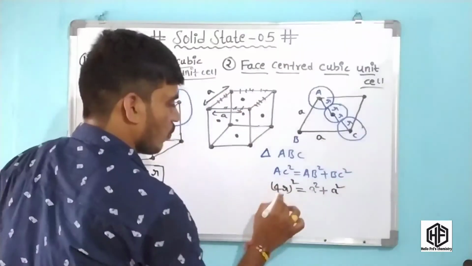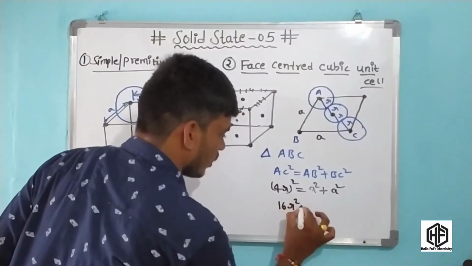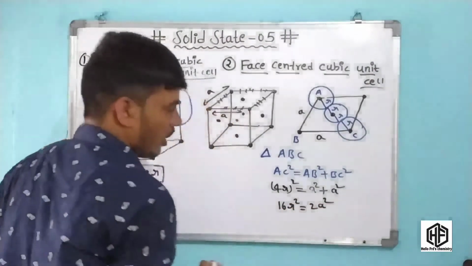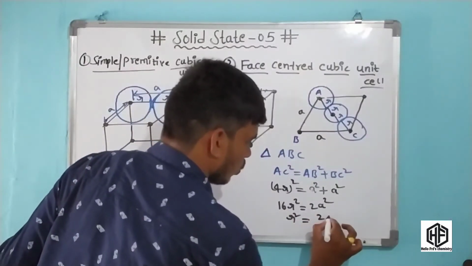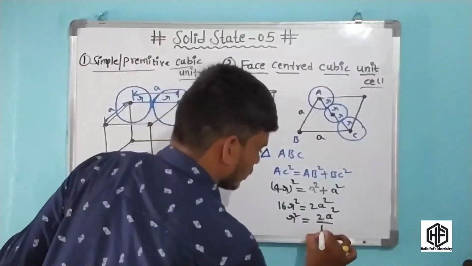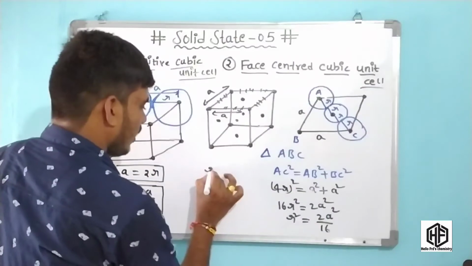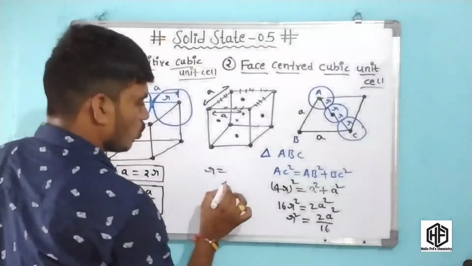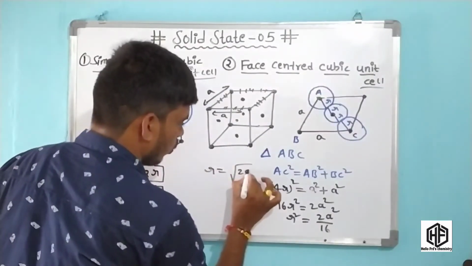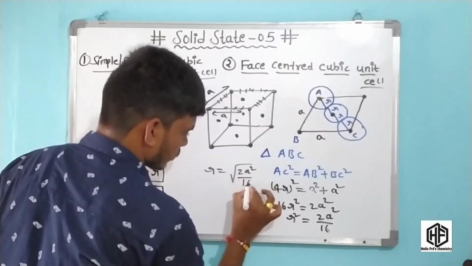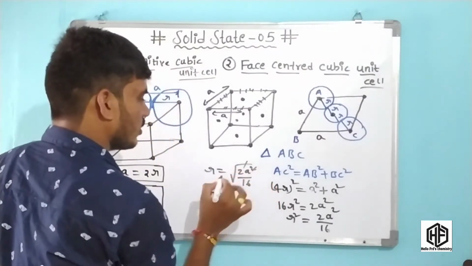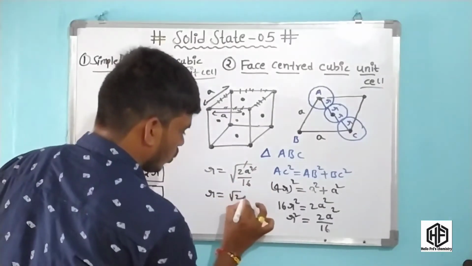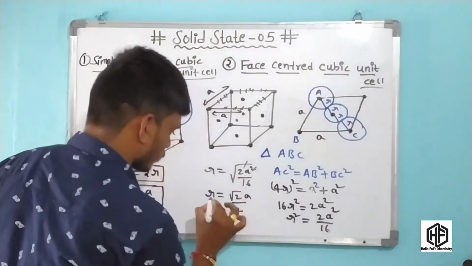Now 16R square is equal to 2a square. So R square is equal to 2a square by 16. Finally, R is equal to root over 2a square by 16, and the square and root cancel, giving root 2a by 4.